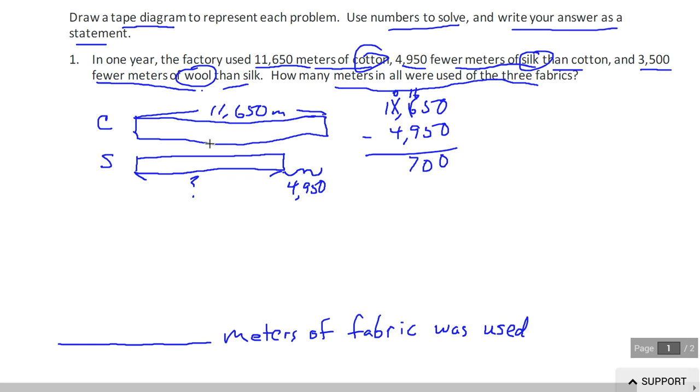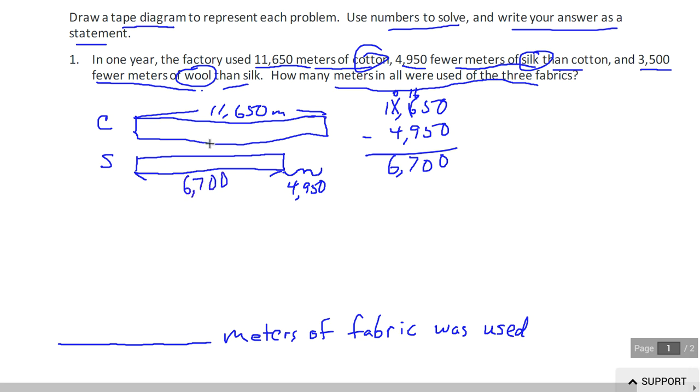That's now a 0, so that's 10, so that's 6. 6,700. So now the silk is not a question mark anymore, because we figured out that it is 6,700 meters. Let's write that in, 6,700 meters.